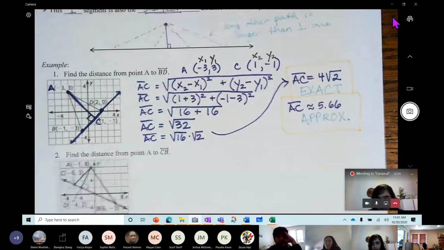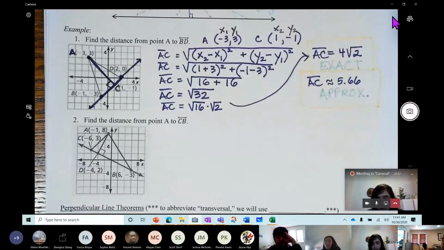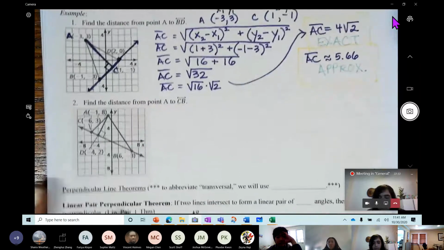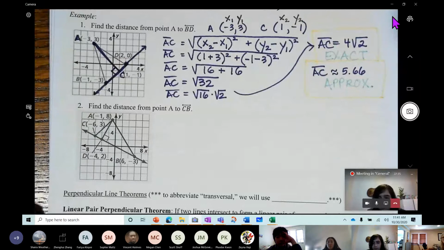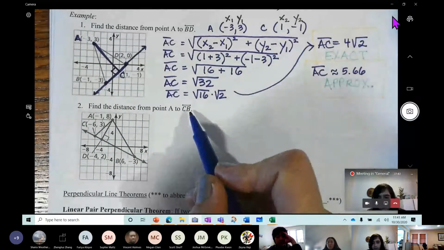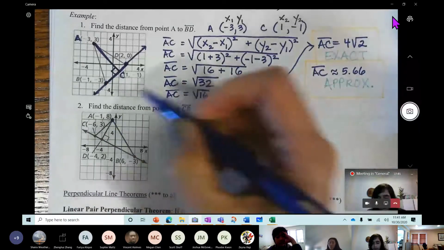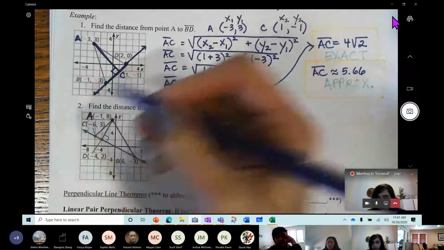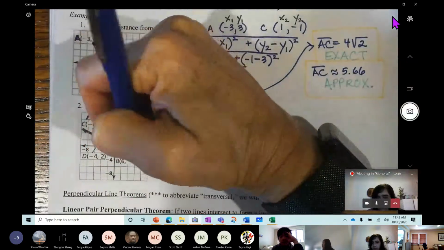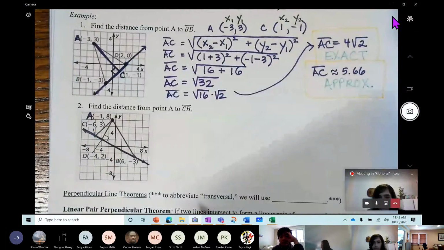So any questions right now about these? I'm looking for your hands since I'm looking at the work on the camera. Okay, so we're going to do another one. Same work, less talk. I want to find the distance from A, which is up here, to CB, which is here.